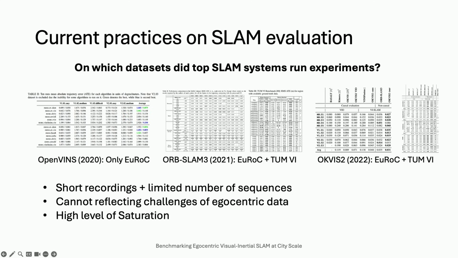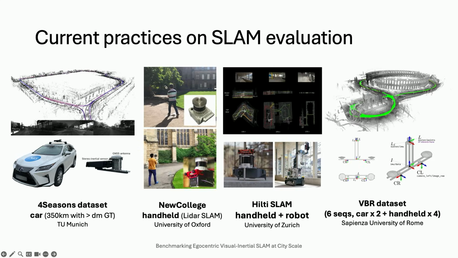Both the Zurich dataset and the TUM dataset have only short recordings, and they exhibit a high level of saturation. Most systems already solve the datasets very well, and they are just comparing between 0.3 and 0.2. This also motivates us to build a dataset that is large scale and reflects the real egocentric data challenges. Of course, there are also other interesting SLAM datasets available.